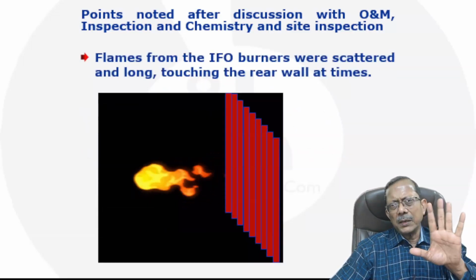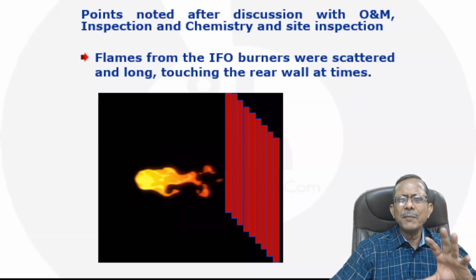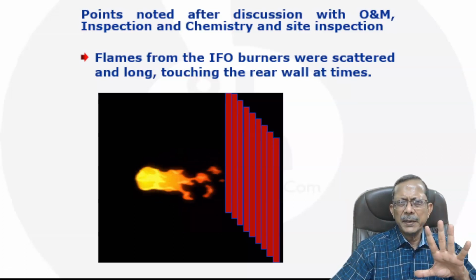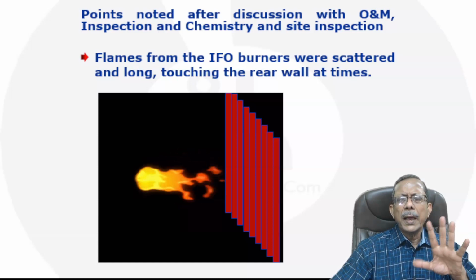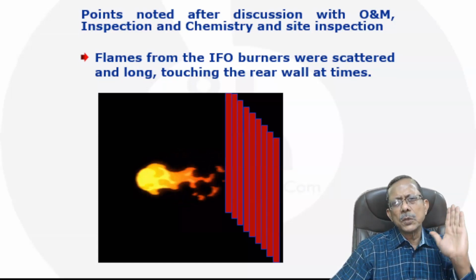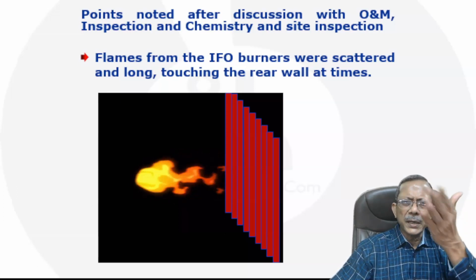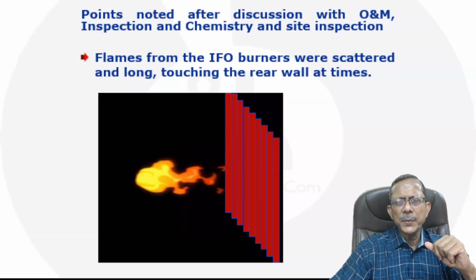When I checked from the side panel peephole, I found that the flame was totally erratic. It was a scattered flame and it was very long, and at times it was almost touching the rear water wall. So a clear indication of flame impingement can be seen physically.